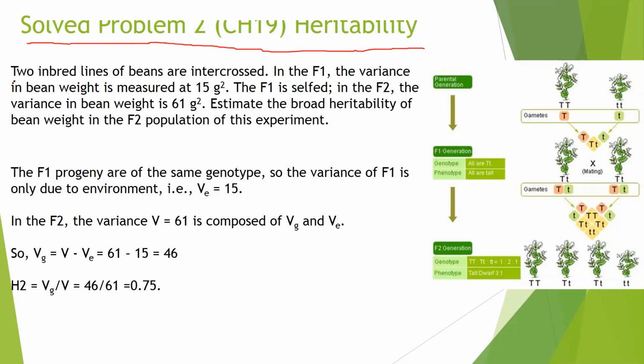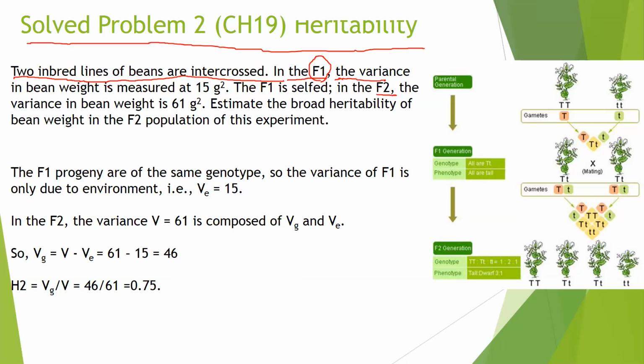In this problem we have two true-breeding inbred lines of beans, and these two pure parents are intercrossed to create an F1 progeny. So everyone knows this problem. This cross generates the F1, and the monohybrid cross generates F2, right? We should be very familiar with this.